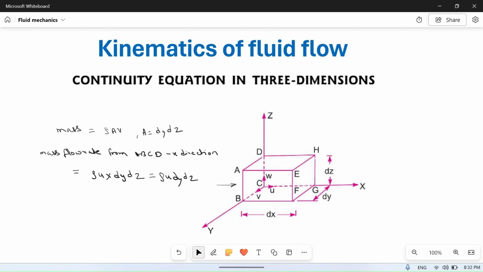So this is the mass entering in the x direction.